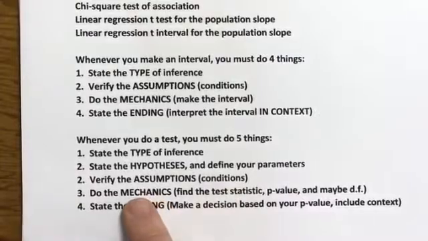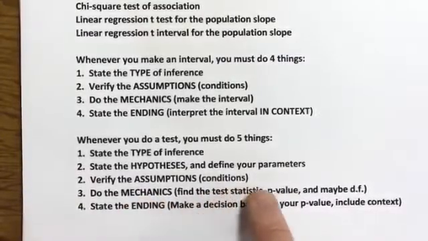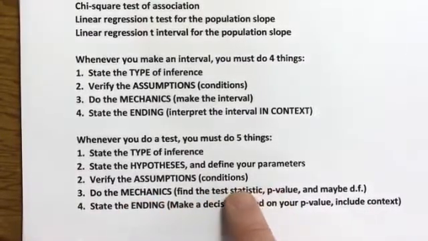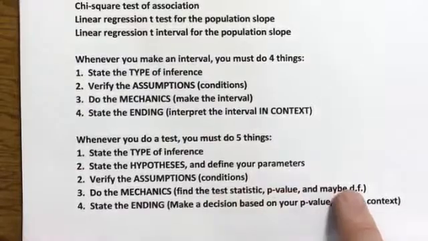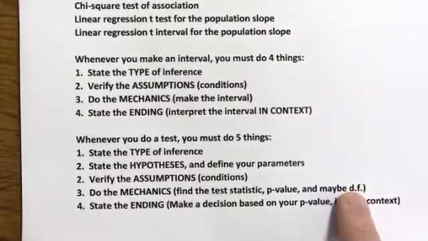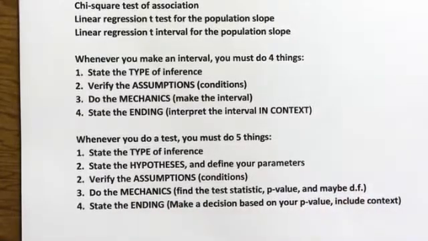Then do the mechanics, which means find the test statistic and the p-value, and if it's a t or a chi-squared, state the degrees of freedom. Then state your ending, which means state your decision with your p-value, to reject or fail to reject the null, and whether or not you have convincing evidence for your alternative, which you state in context. Make sure to mention the p-value and compare it to your alpha.